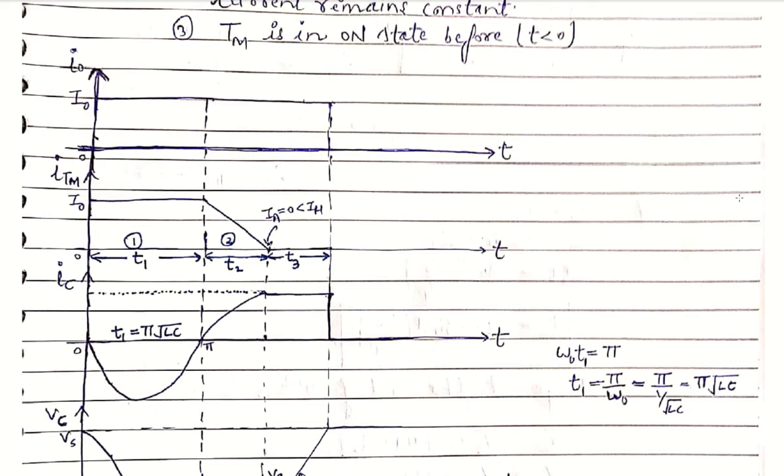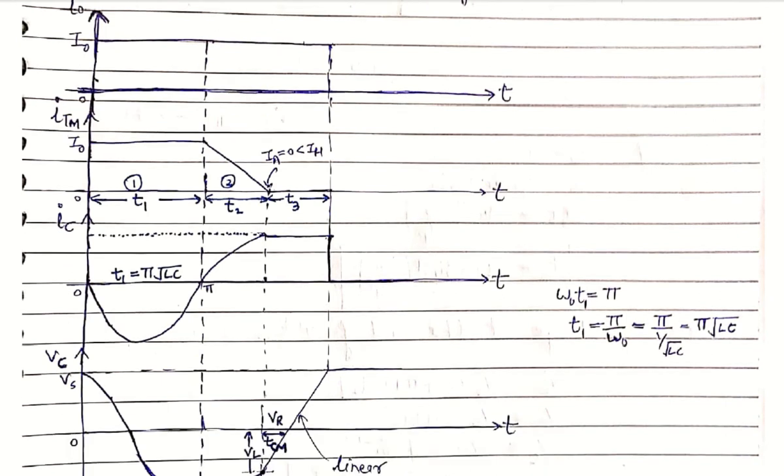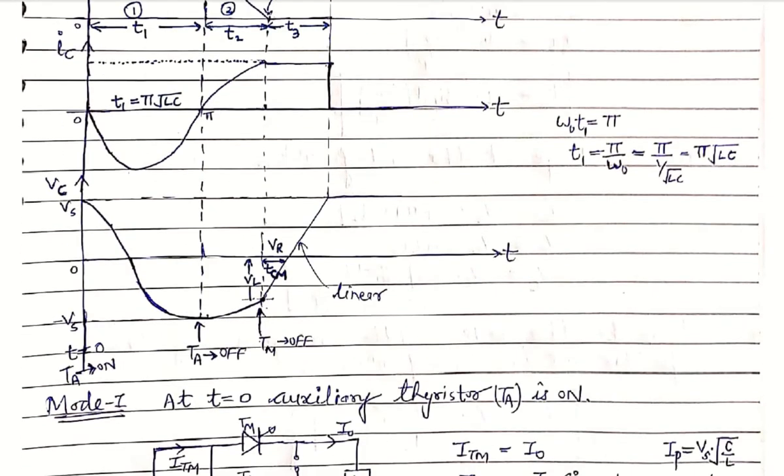So the capacitor current will be parallel to the x-axis, and after T2 there will be a straight line of capacitor charging. The capacitor voltage waveform now will be a straight line through the T3 conduction duration, and the intersection on the x-axis shows the circuit turn-off time of the main thyristor.